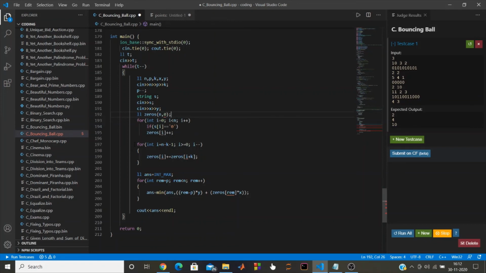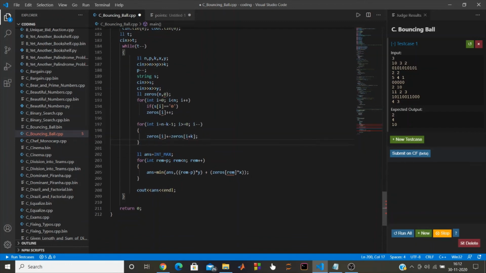Then I start a loop, leaving the last k elements, and do this operation. Then I have to start from p to n, and my answer will be the minimum of the answer and the current temporary answer, as discussed before. So let's run this code.